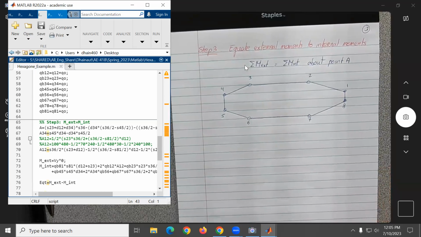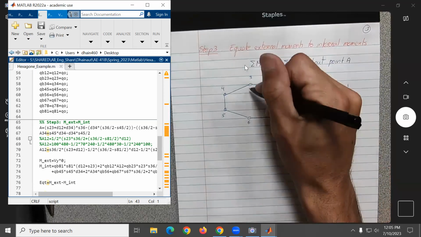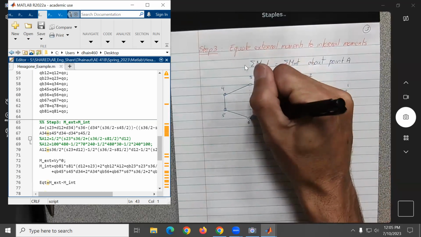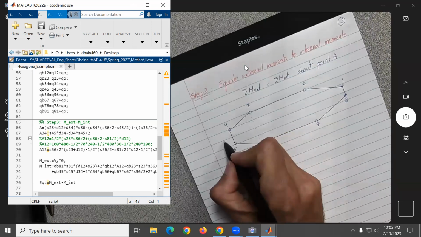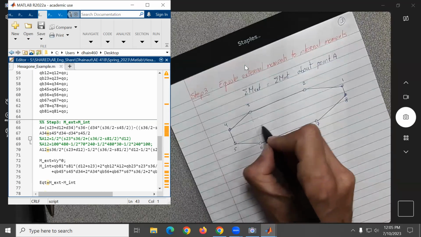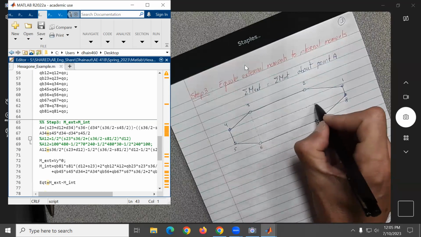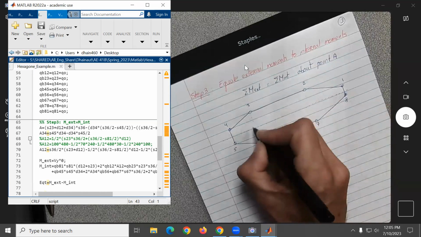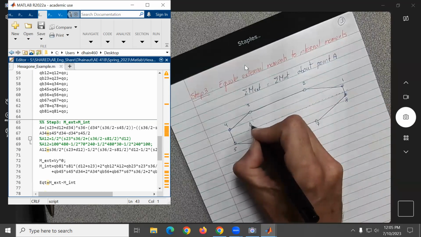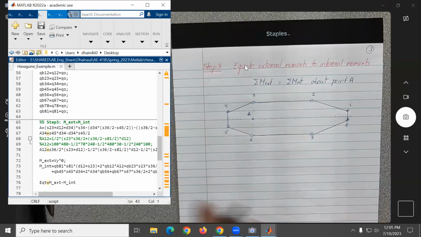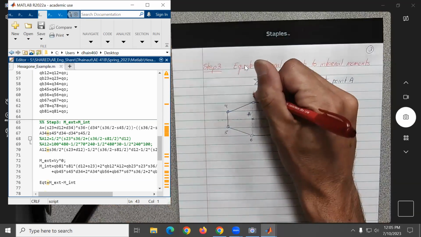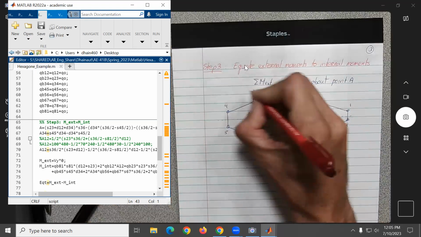Our point A, we took to be right on the neutral axis, here at point A. And we know our force Vy is being applied over here.